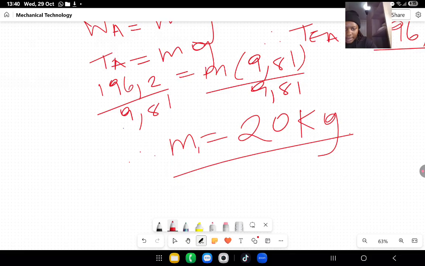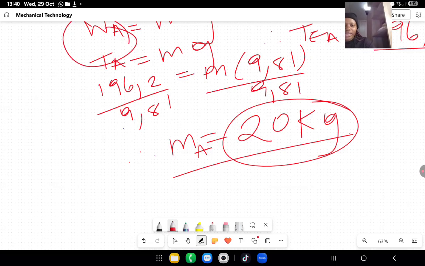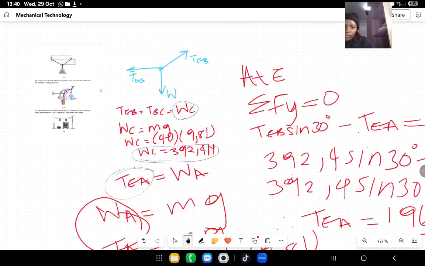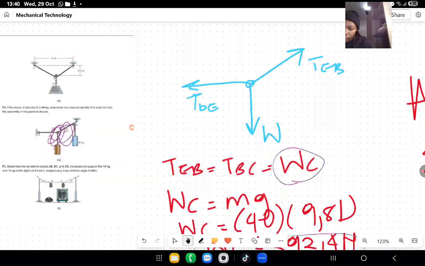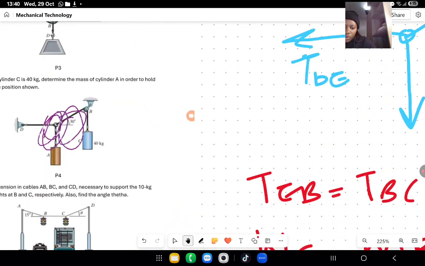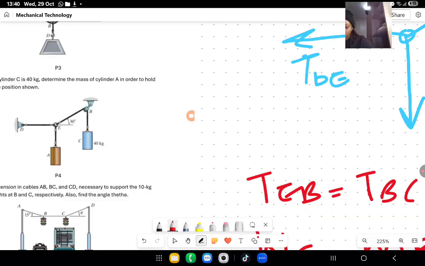This is MA, which equals the weight at A, because weight at A equals TA, and we calculated using the TA. So the weight that was needed here is 20 kg.